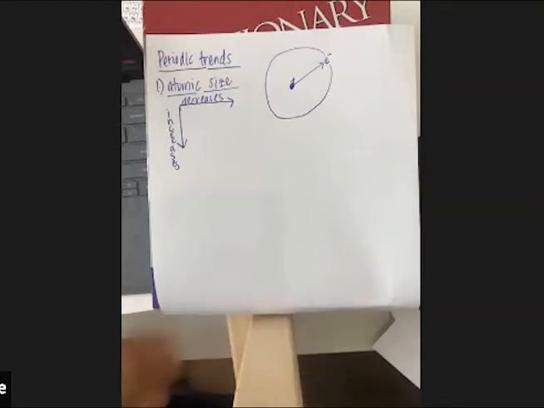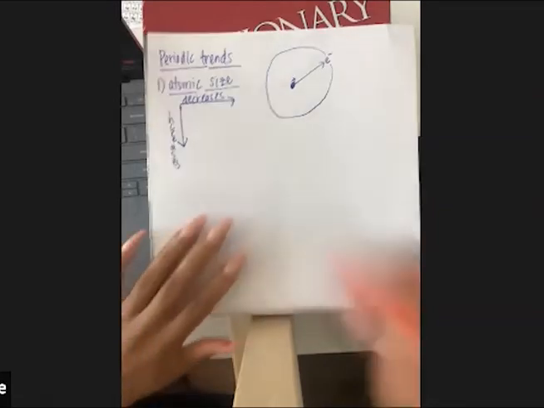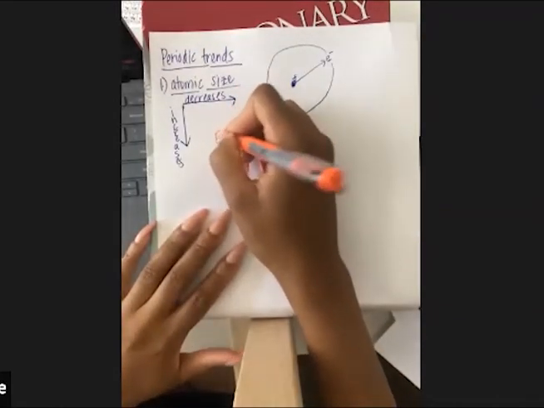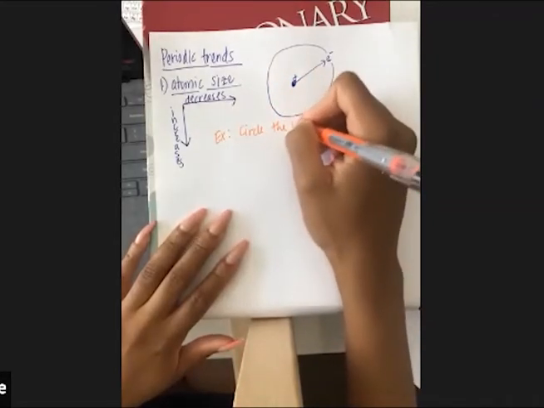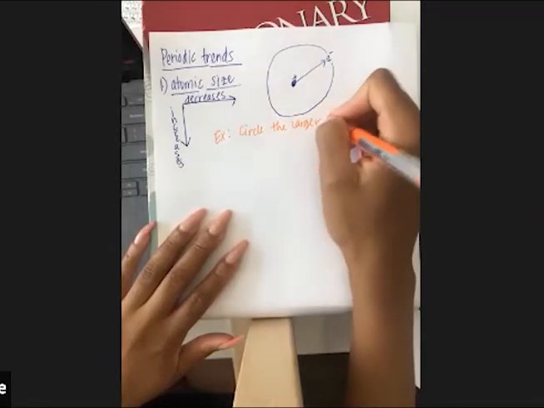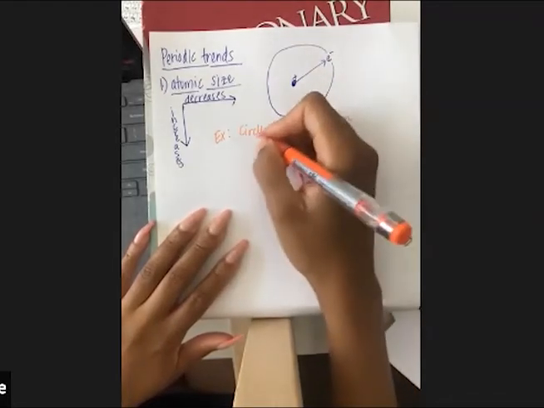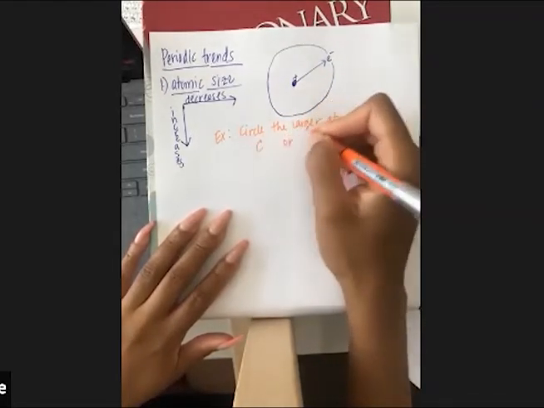If I did a few quick examples, asking which atom's going to be bigger, circle the larger atom. Let's say we want to compare carbon or oxygen.